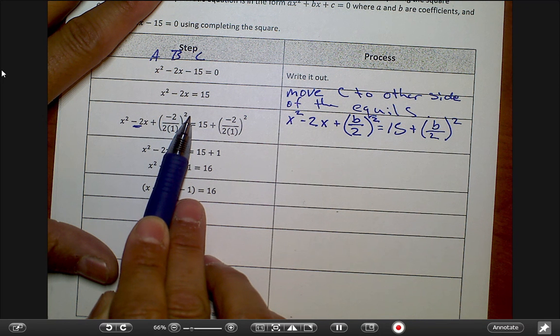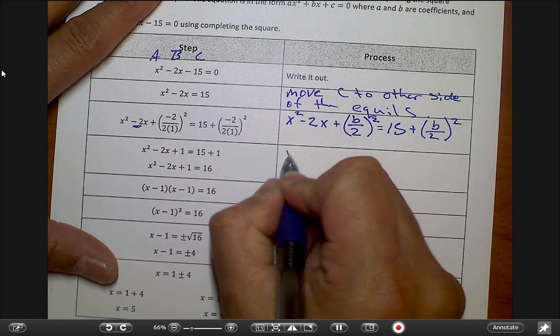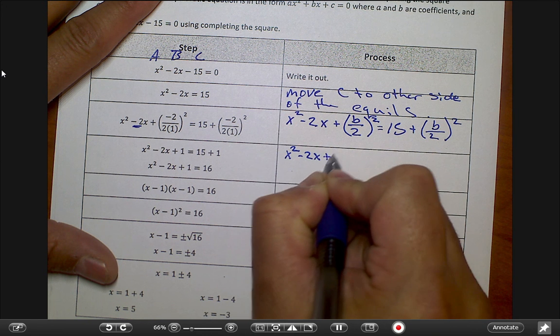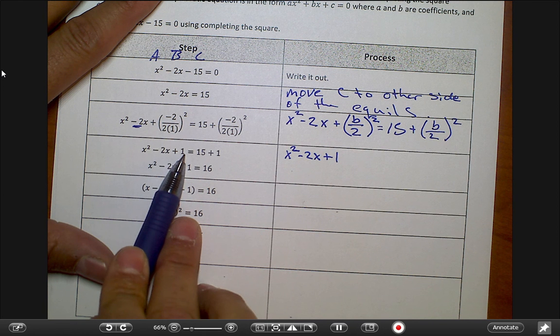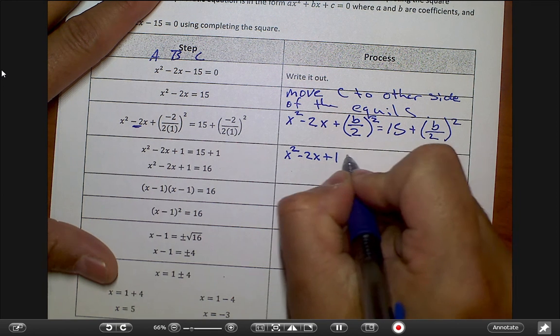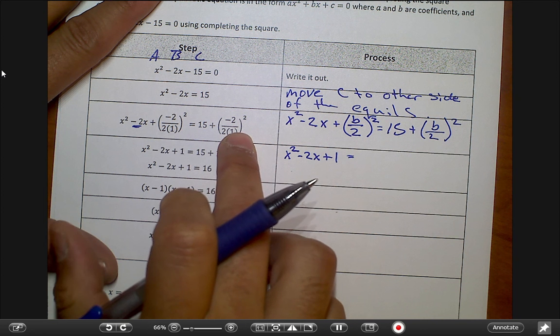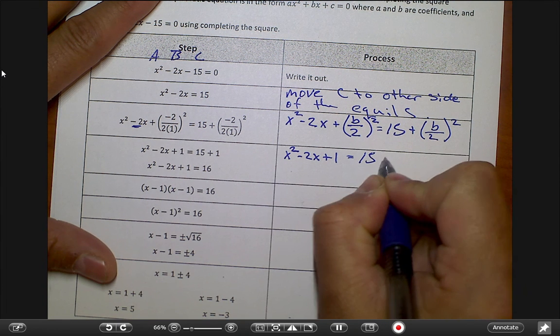So -1 times -1 is going to give me a +1. So this is going to give me my x squared minus 2x plus 1, because this becomes +1. Okay, this right here becomes +1. Equals. So if it's +1 on this side, it's also +1 on the other side. That's going to be 15 plus 1.